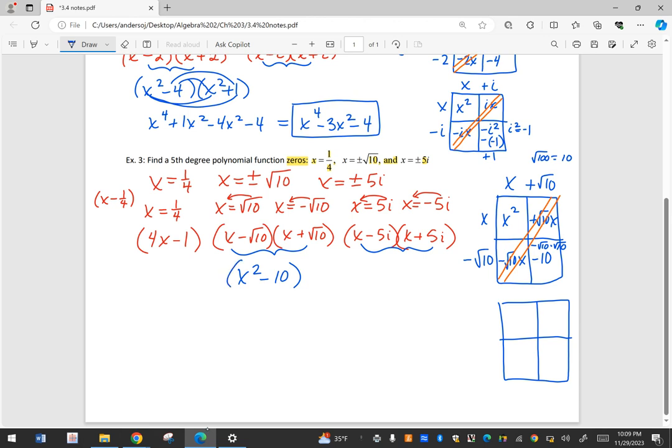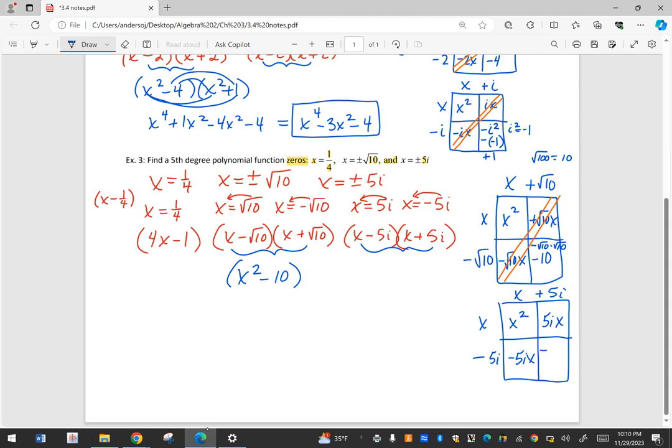Now, I'll do the same thing. x plus 5i, x minus 5i. And if I multiply here, I'll have x squared, 5ix, again, that's just a formality. It could even say 5xi minus 5ix. And then here I'm going to have a negative 5i times a positive 5i.